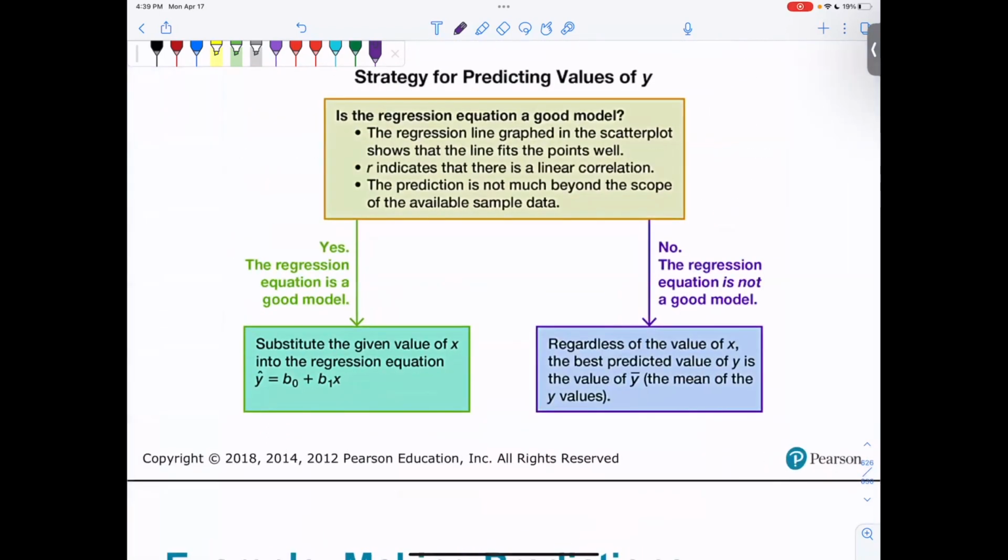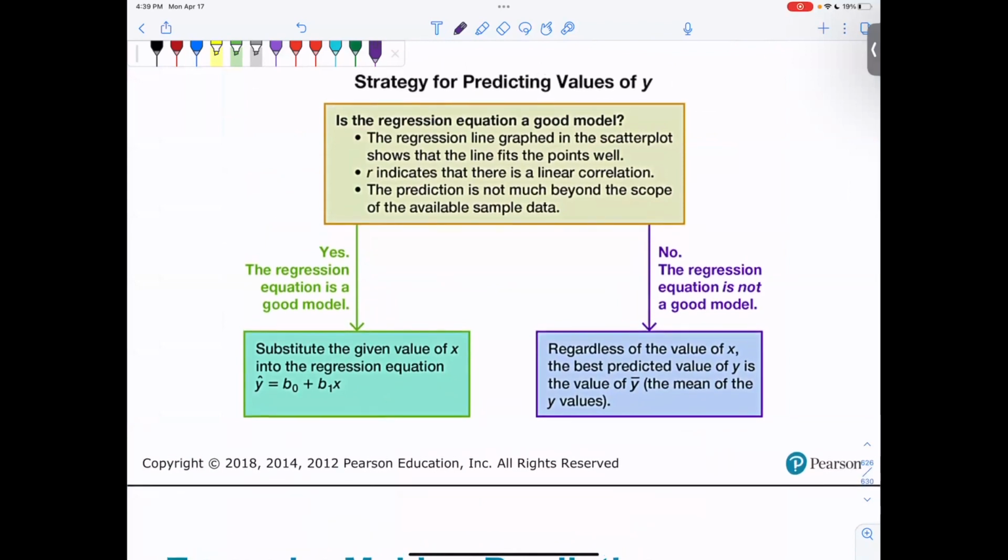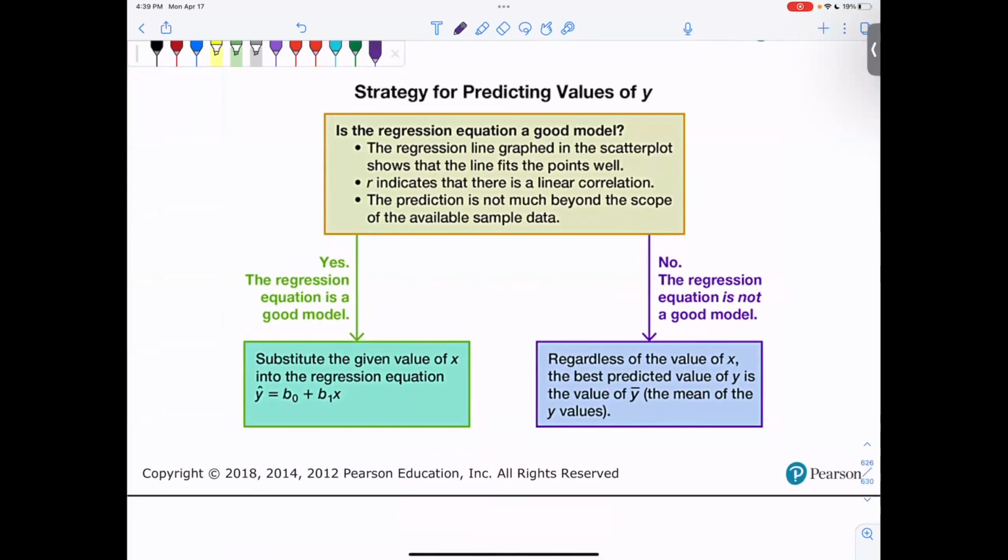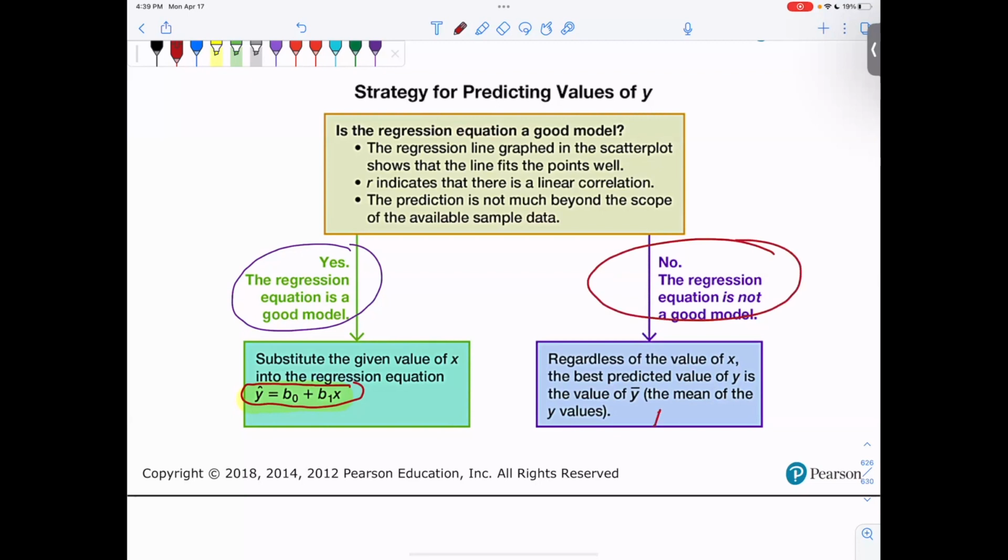So now we did find the function, okay? If this function is a good model, then we will use this for prediction or estimation. If it's not good, then we will use y hat equal to y bar.